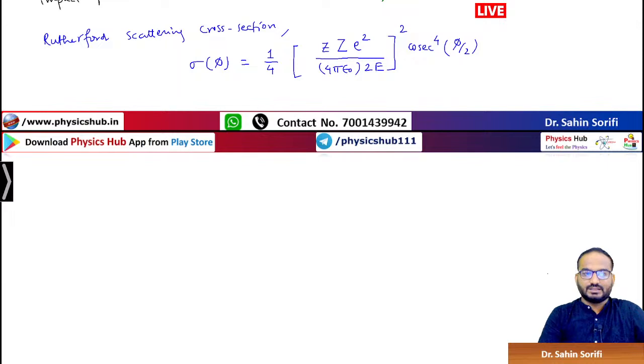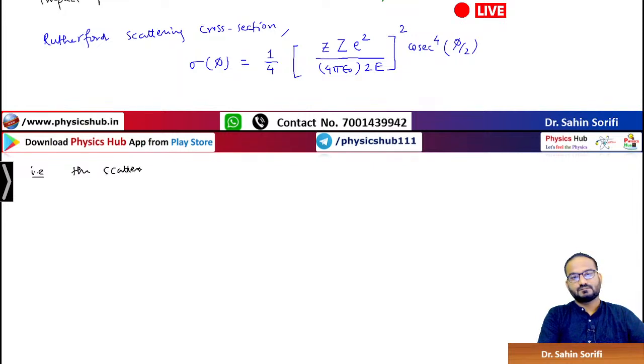So let's write it. That is, the scattering cross section. What is the definition of scattering cross section?